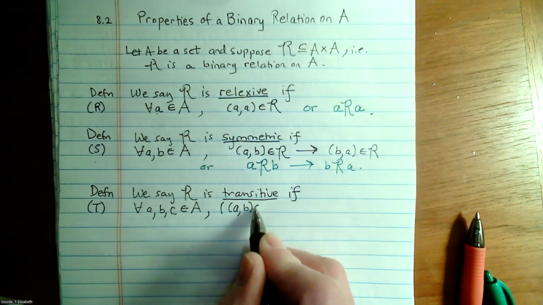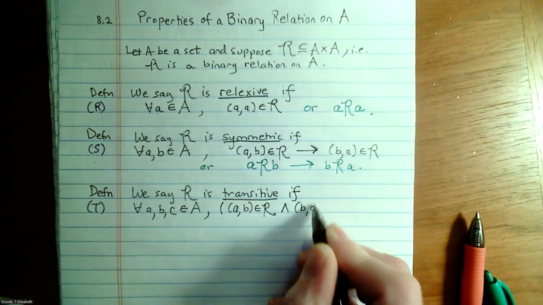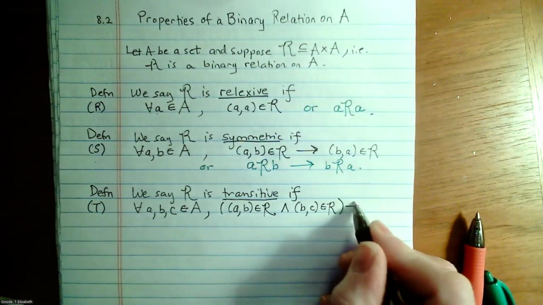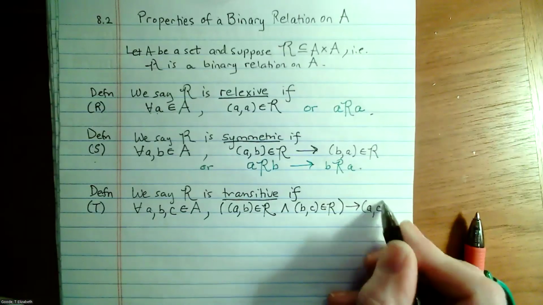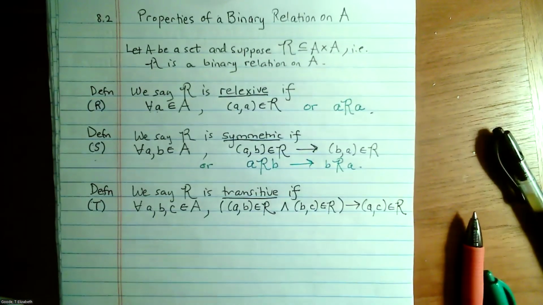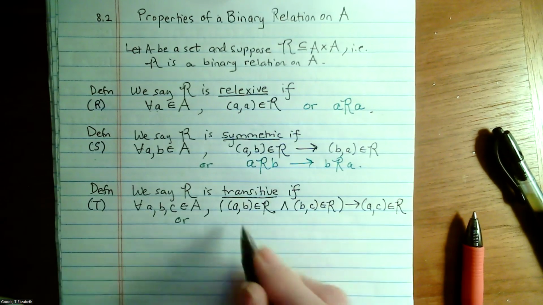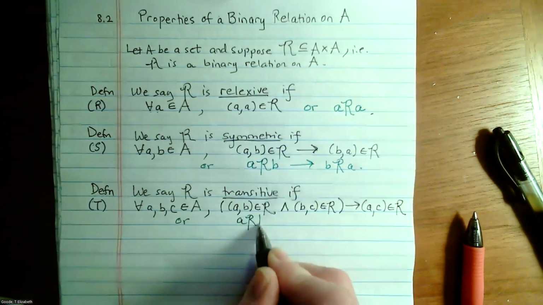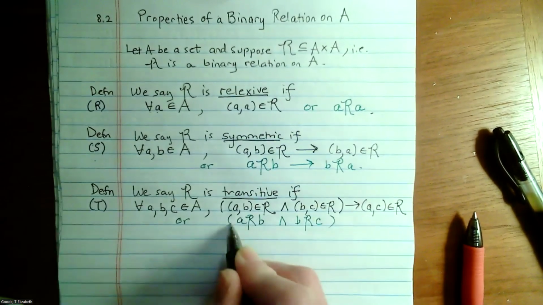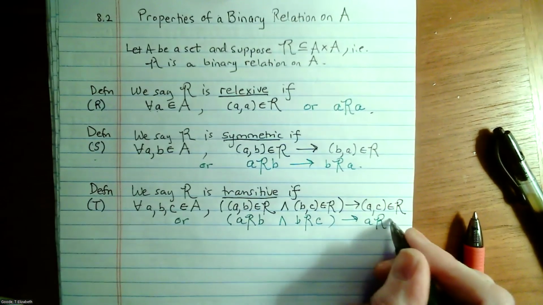A comma B in curly R and B comma C in curly R together imply that A comma C is in curly R. Or using our other notation, A related to B and B related to C together force A to be related to C.